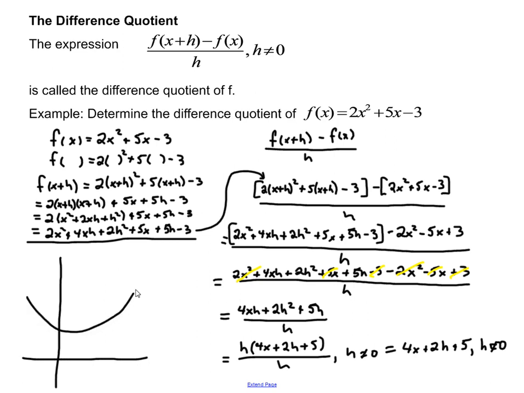Let's say this is what my function f of x equals 2x squared plus 5x minus 3 looks like. And what this quantity actually represents for us is the following. At some point x, we get a y value that goes along with it. So here's the point x, f of x.